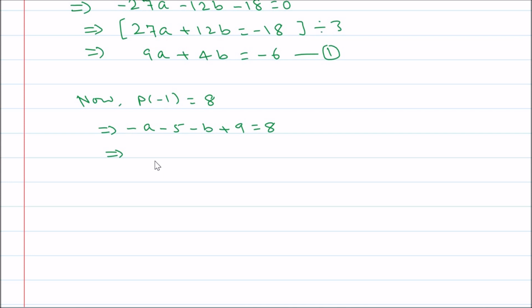So minus a minus b is equal to 4. So we can write a plus b equal to minus 4. I change the sign of all the terms, or you can say multiplying all the terms by minus 1. Now this is equation number 2.